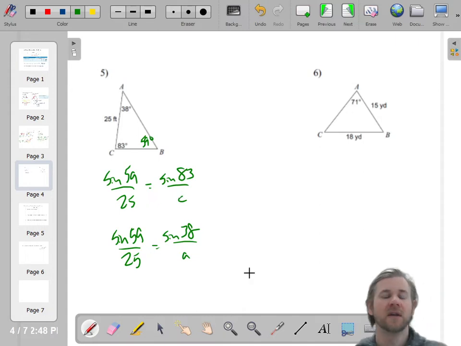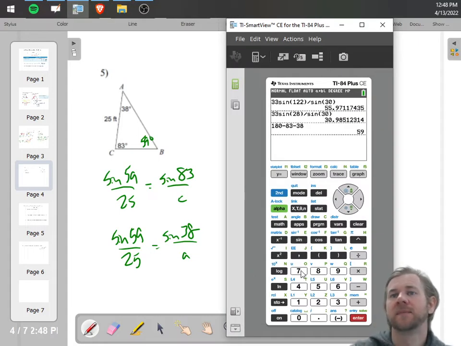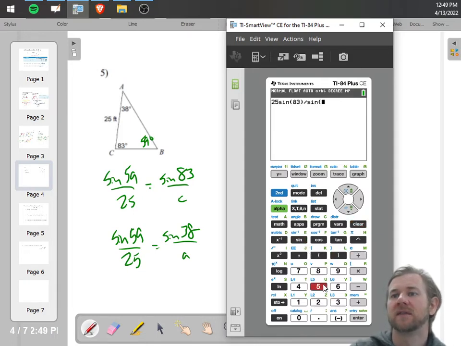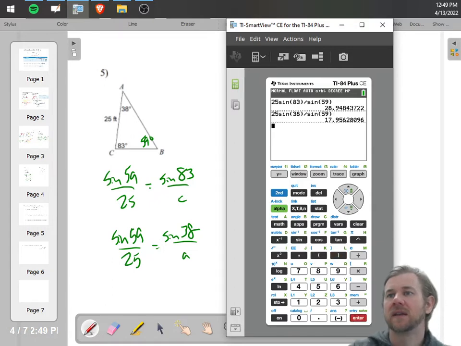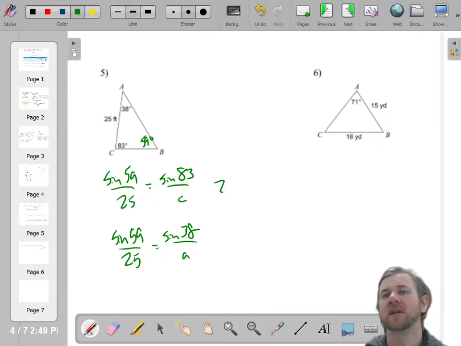Nice. Okay, so I just cross multiply and divide both times. 25 sine of 83 divided by sine of 59, and 25 sine of 38 divided by sine of 59. And that is 28.95 and 17.96.